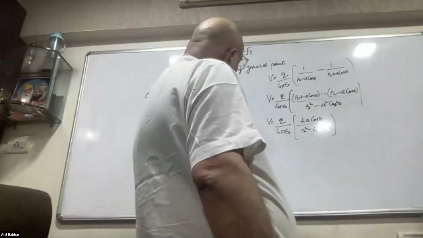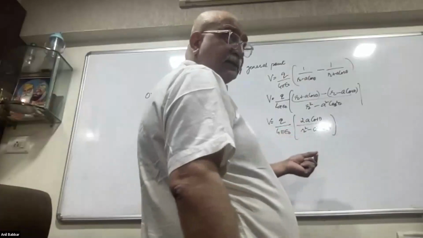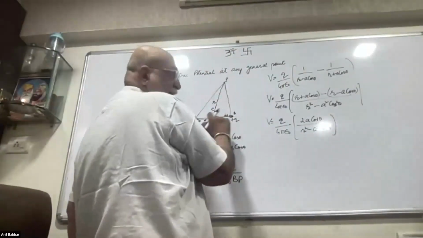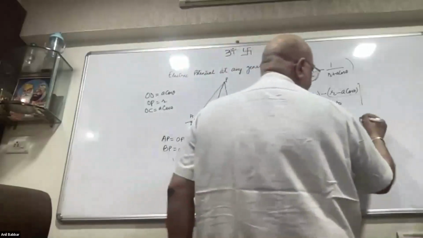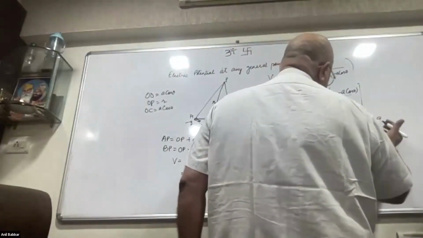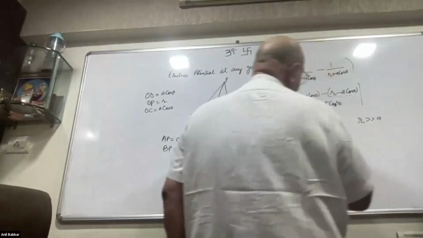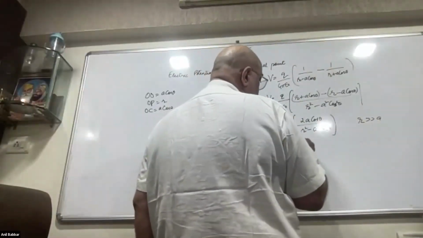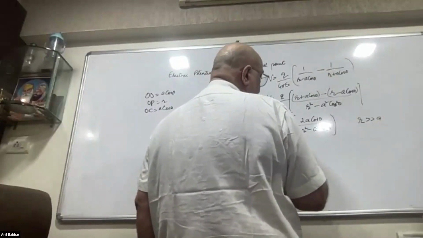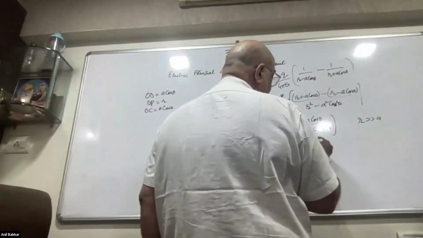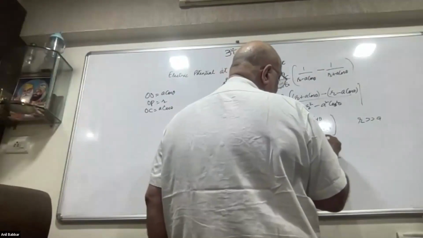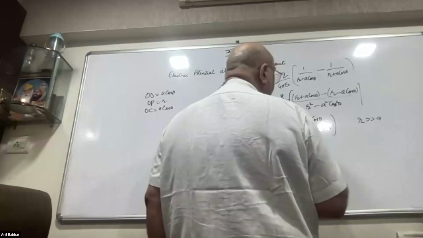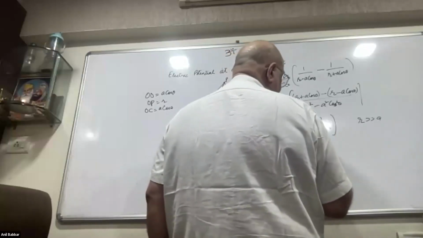Right? So R is much greater than A over here. We can neglect A as well as this factor can also be neglected. So we are left with V is equal to 2AQ cos theta upon 4 pi epsilon naught, and here we are left with R square.